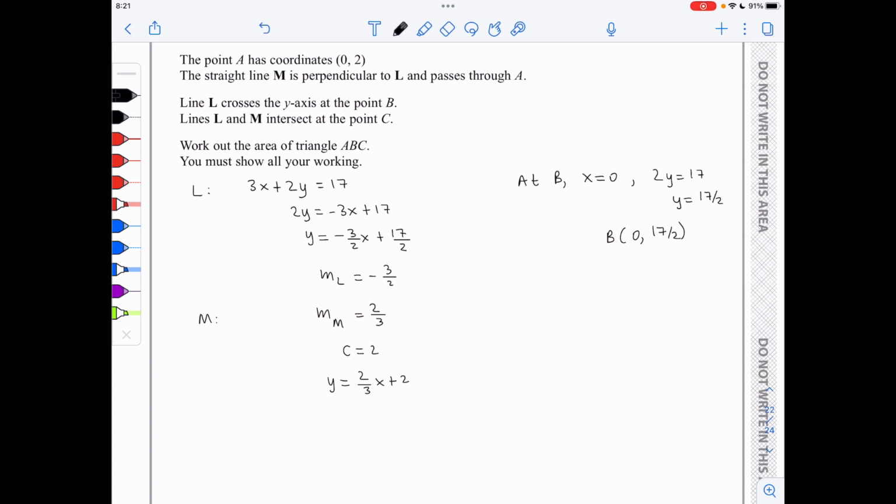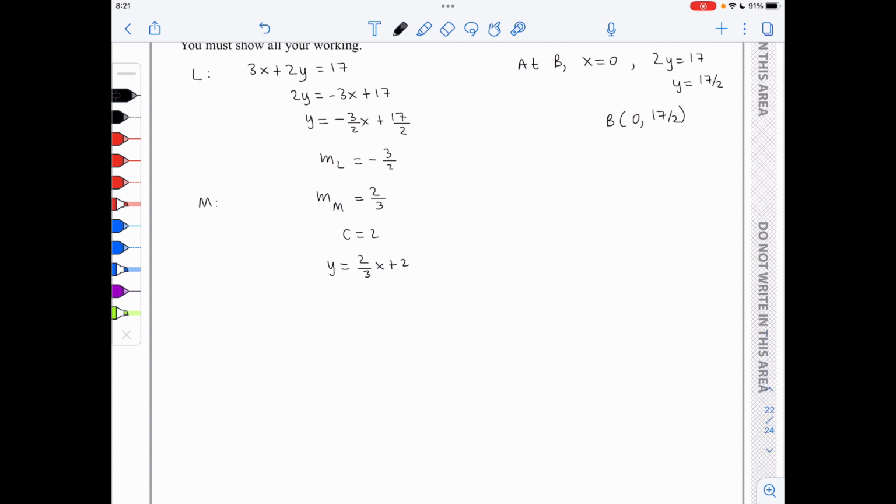Now, we also need to find point C, which is the point of intersection of the two lines. So at C, we've got that -3 over 2 x plus 17 over 2, the y expression for line L, is equal to 2 over 3 x plus 2. I'm equating the two lines because it's the point of intersection. Now notice that the LCM of the denominators is 6, and therefore this will be multiplied by 3, this by 3, this by 2, and this by 6, leading to -9x plus 51 is 4x plus 12.